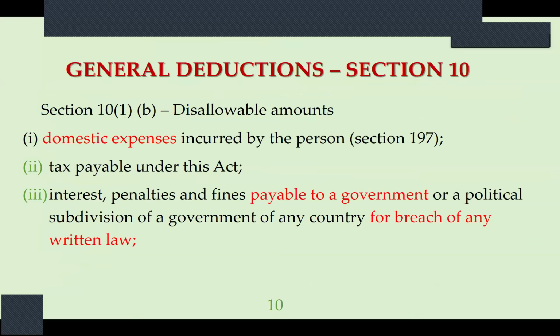All taxes are paid under this Act, so those taxes are not allowable as a deduction. Then the third one is interest, penalties and fines. That means we are paying that kind of expenses if we breach any written law. So those expenses are not allowable as a deduction: interest, penalties and fines.